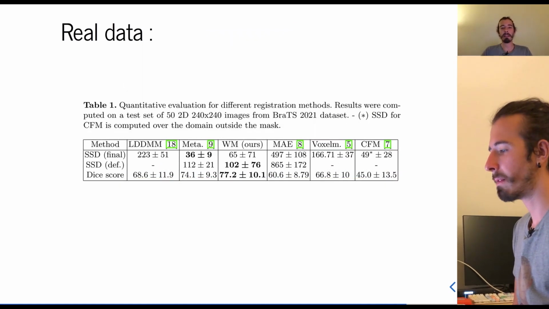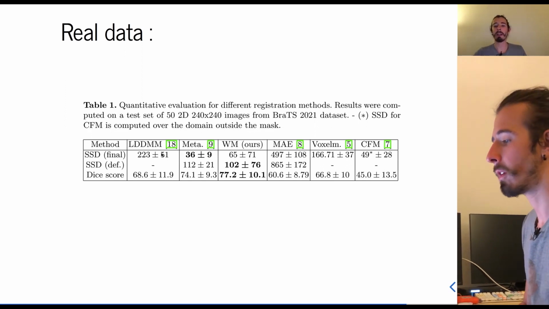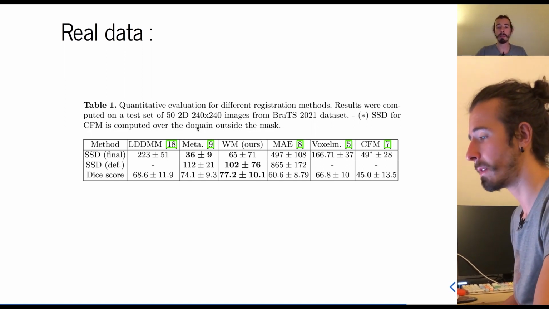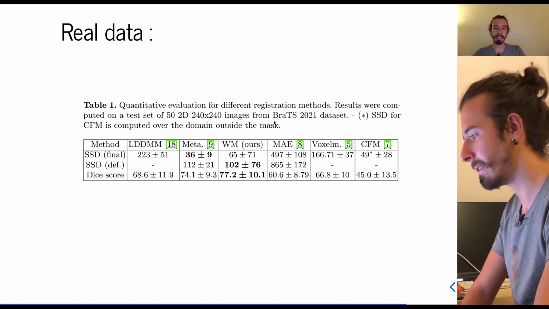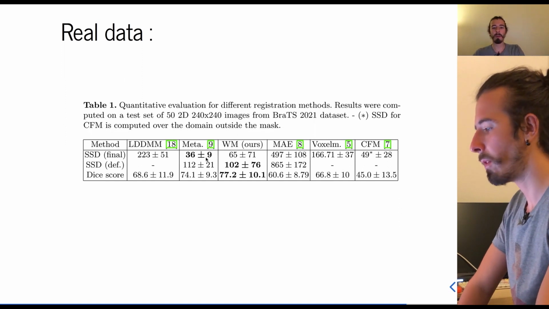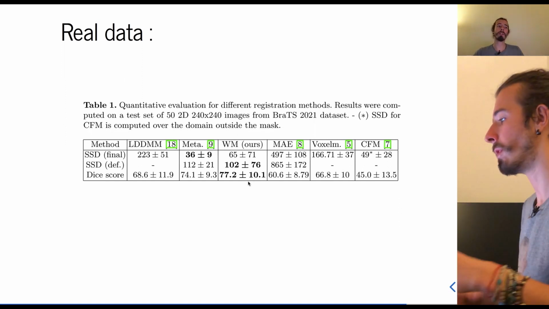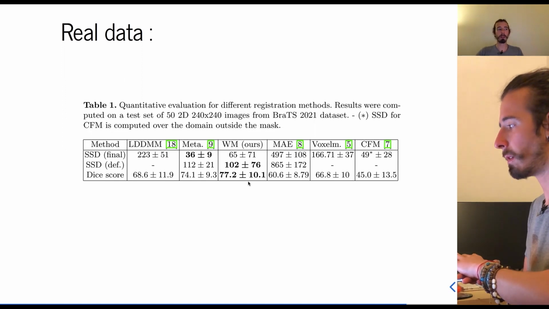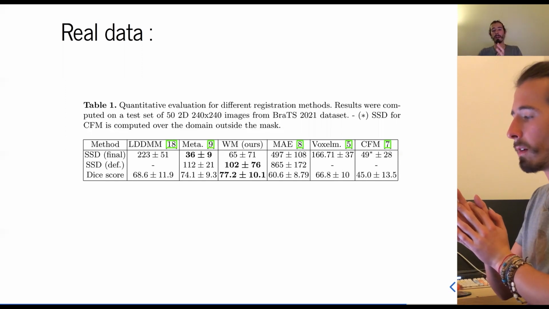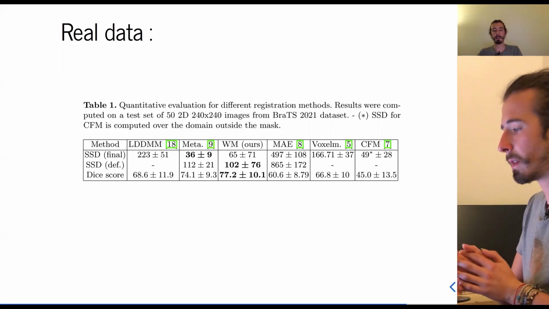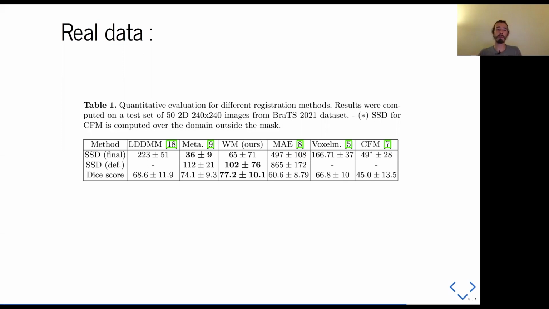I validated my algorithm on 2D images from the BraTS 2021 dataset, and we validated with a Dice score between the segmentation of the deformed ventricles and the ventricles of the target image. The Dice score is a measure to see how well the two are superposed.